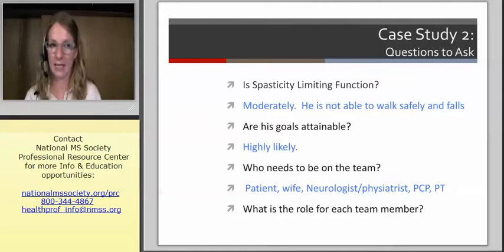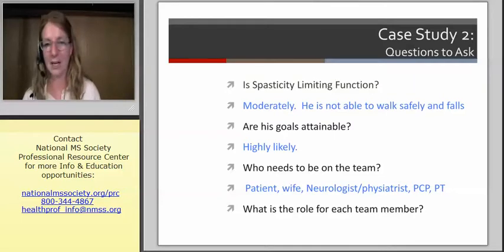He was going about twice a week. He also has a home exercise program, and goes swimming in the pool once it opens, so he's very aggressive and very good about doing his home maintenance program and staying strong and doing all of those types of things. His PCP was also involved just to make sure with all of his other medications and other issues that adding another medication was going to be okay.